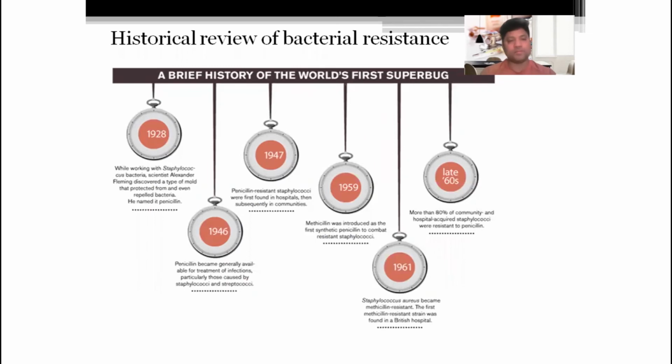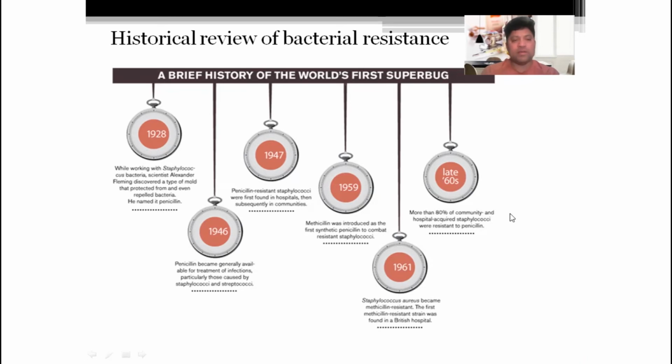Okay, well, this is a brief historical review of bacterial resistance, and a brief history of the worldwide first superbugs. In 1928, one of the scientists, named Alexander Fleming, was working in the laboratory. He observed that one of the molds, Penicillium notatum, produced some chemical that killed the bacteria, meaning Staphylococcus.